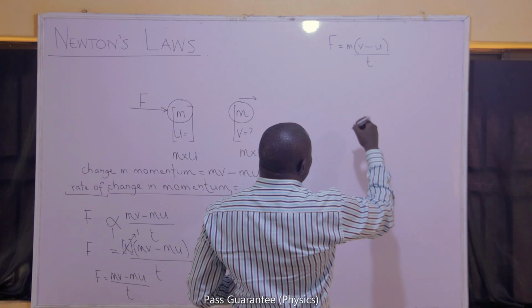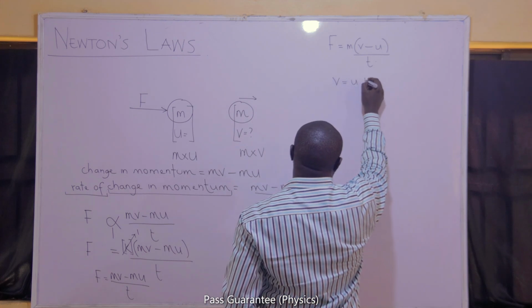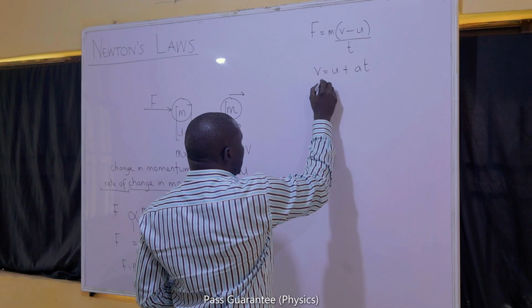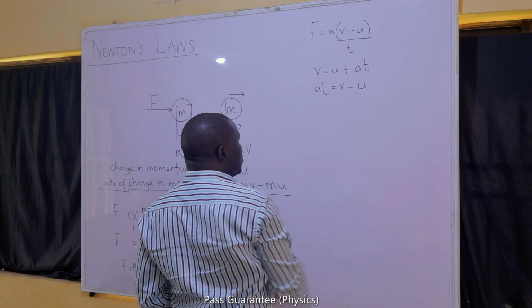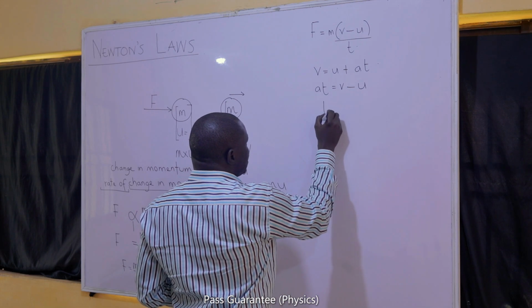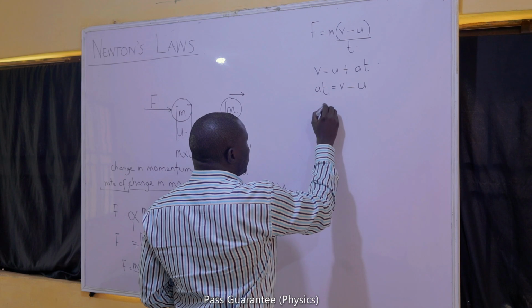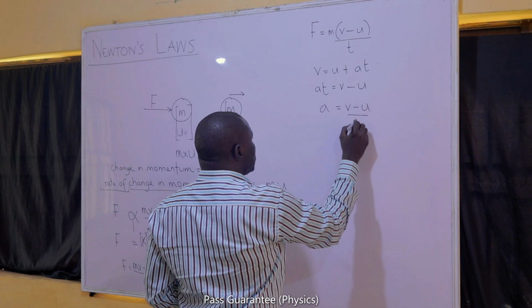Upon review, remember that the first equation of motion, which we have worked with, is v is equal to u plus at. At therefore should be v minus u. If at is equal to v minus u, it means that if I make a the subject of the formula, a will be v minus u divided by what? t.